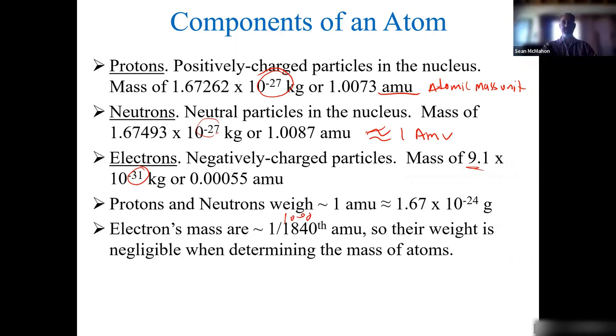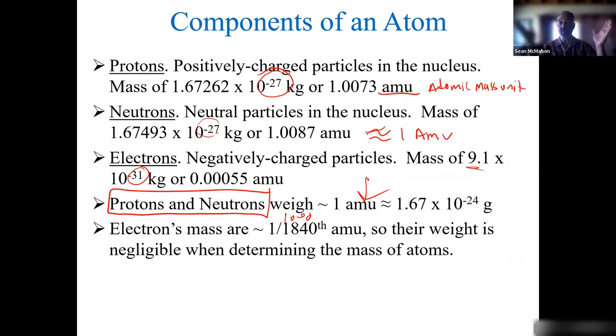So it's not that electrons don't have mass, but when we look at the overall mass of an atom, electrons' mass is negligible. We're primarily looking at the number of protons and neutrons because they are much more massive than electrons. A lot of students don't like this, so I tell students, think of it this way. You're weighing an elephant, which weighs several tons.